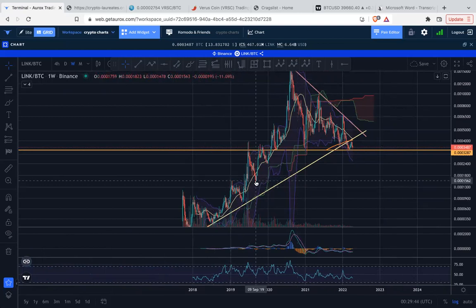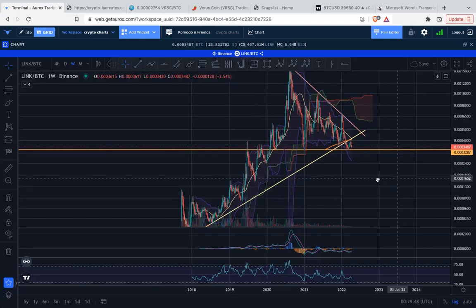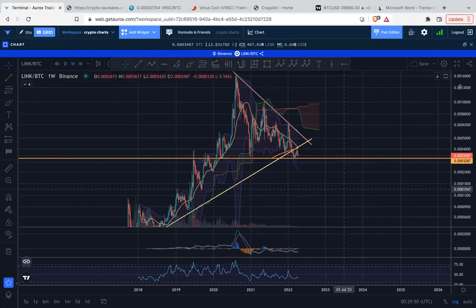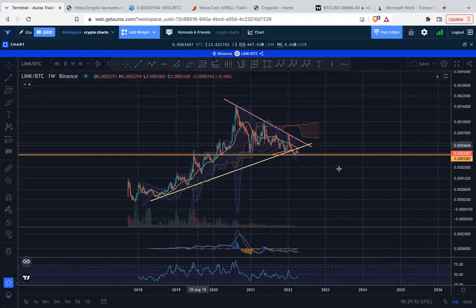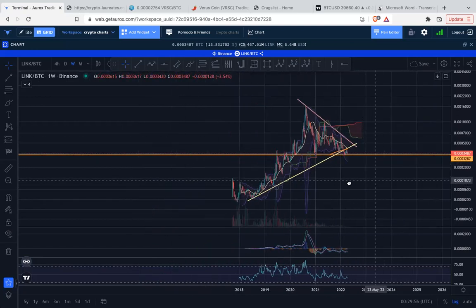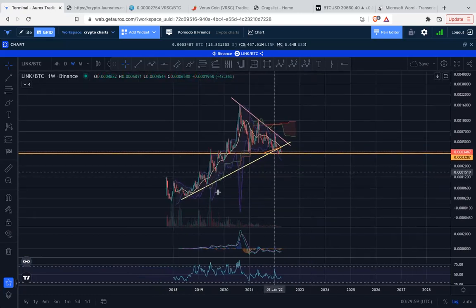But if you can hold it above there where you had previous support, then that's, you know, but by that point, you've lost so much of this chart. I mean, this could be a life cycle chart for Chainlink. Who knows what's coming next? Having said that, to be fair, against BTC, you are making a much higher low than you previously had if you're looking at the whole cycle.